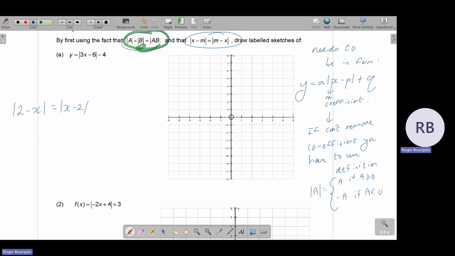Unlike when you're working in core, if that's a normal bracket, 2 minus x, and I want to turn it into x minus 2, I have to take out a negative and keep that negative there. I don't have to take out a negative when I'm working with absolute values. This concept comes up quite a lot.